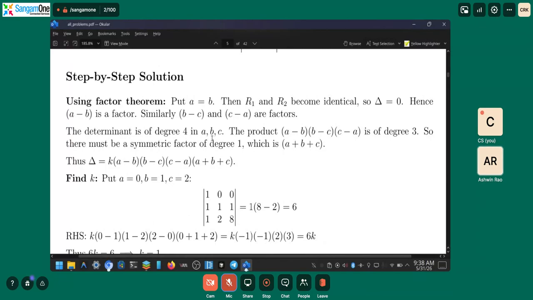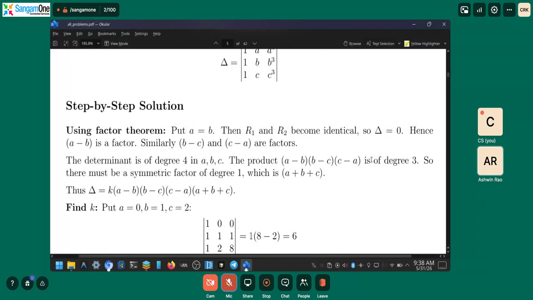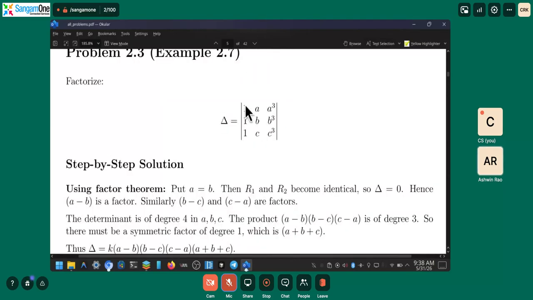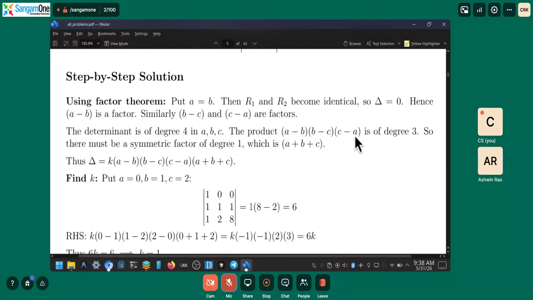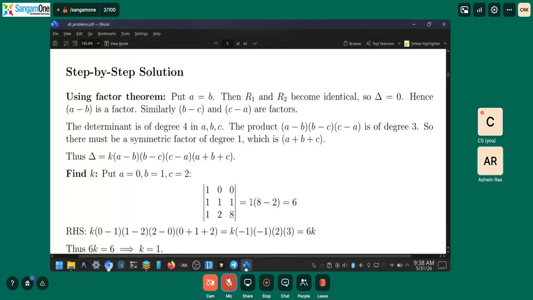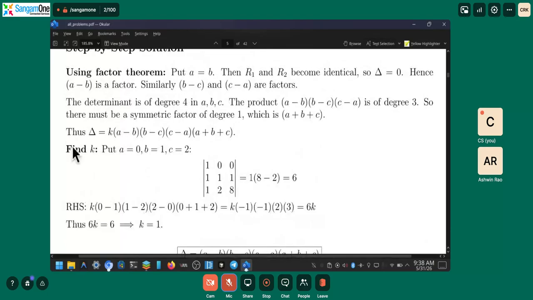The determinant degree is 4 in ABC. The product is of degree 3 because of A minus B, B minus C, C minus A, the 3 terms. But the determinant is degree 4 because it contains degree 0, 1 and 3. That's why it's called degree 4. It's the symmetric factor of degree 1, so it's A plus B plus C. Then the determinant is K into A minus B, B minus C, C minus A into A plus B plus C. This is the factor theorem formula.